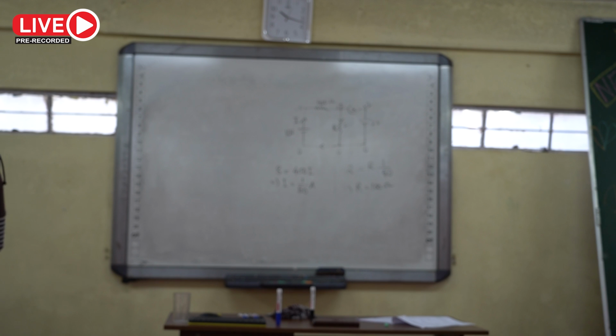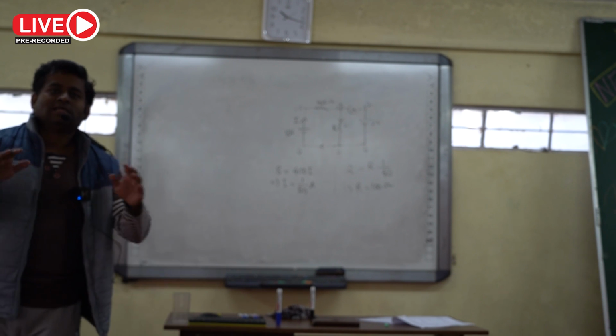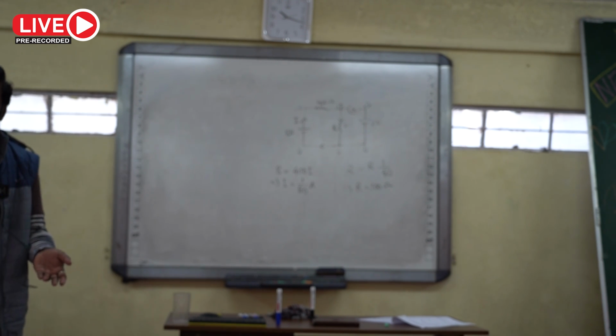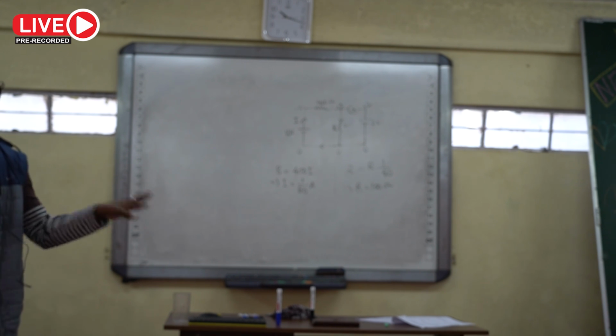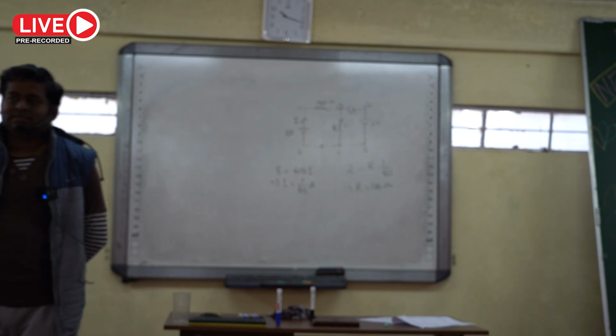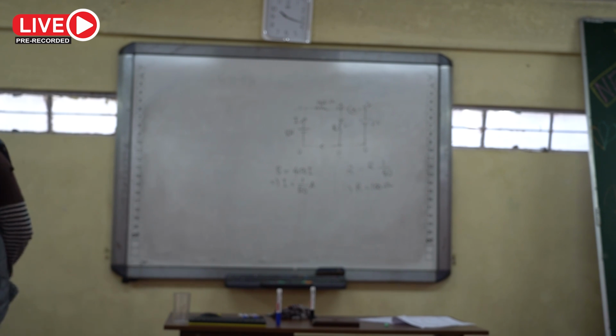Mutual induction. Okay, fine, that is mutual induction. But using mutual induction, the voltage is induced in the secondary coil, fine. But which particular formula you require? That is, power in the secondary and power in the primary will be same. That is Is into Vs equal to Ip into Vp.